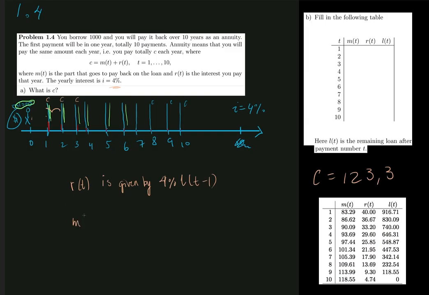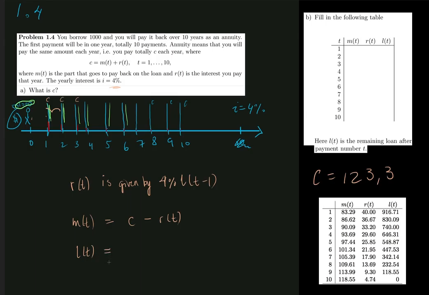Well, then M of t is easy to find because we know that M of t plus R of t is equal to C, and we know C, so M of t is equal to C minus R of t. Now, L of t is the remaining loan after payment number t. And after payment number t, how much has been paid back of the loan?